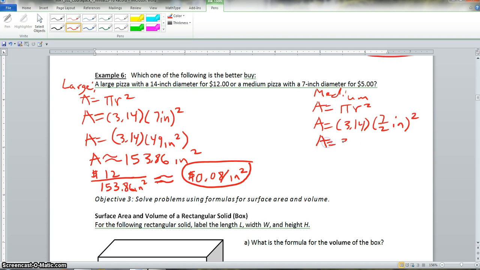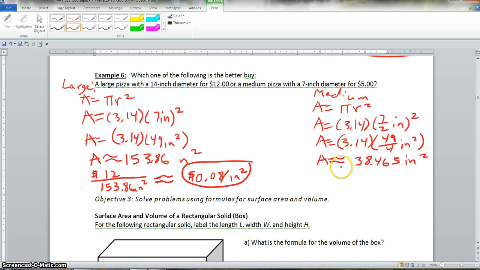So our area will be 3.14 times 7/2 squared, which is 49 over 4, in square inches. Now, when we multiply this here, the area will end up being approximately 38.465 square inches.